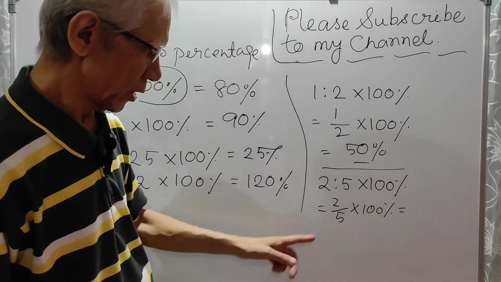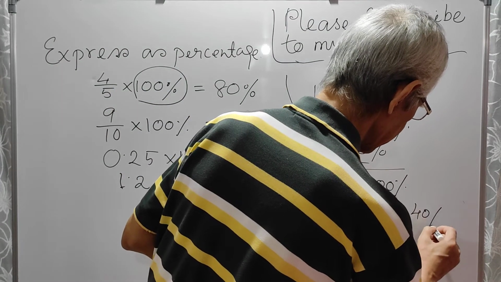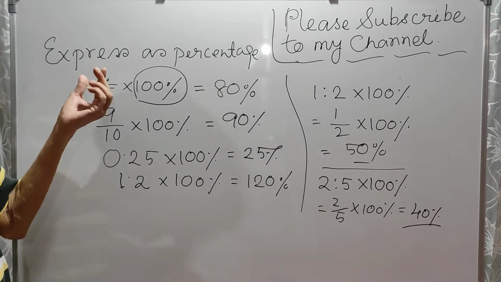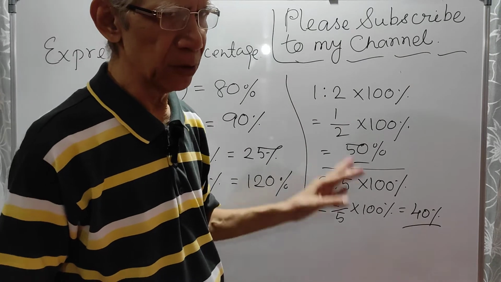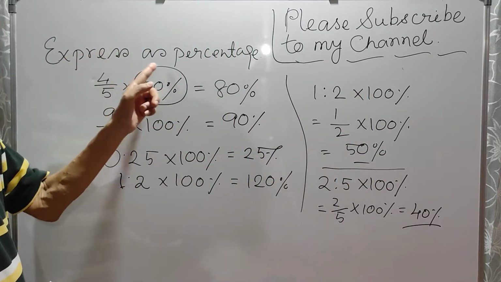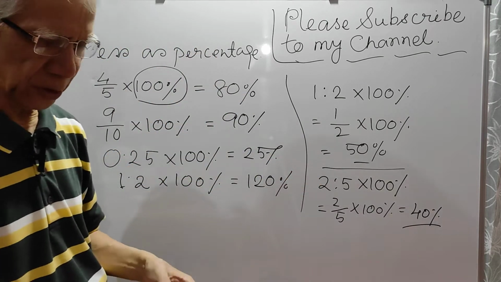So what you will get? Cancel 20, 40. So 40%. So in all these sums, whether it is a vulgar fraction, decimal number, ratio, doesn't matter. The rule is multiply by 100% if you want to express it as a percentage, if you want to convert it to percentage. So this is the rule. All right.